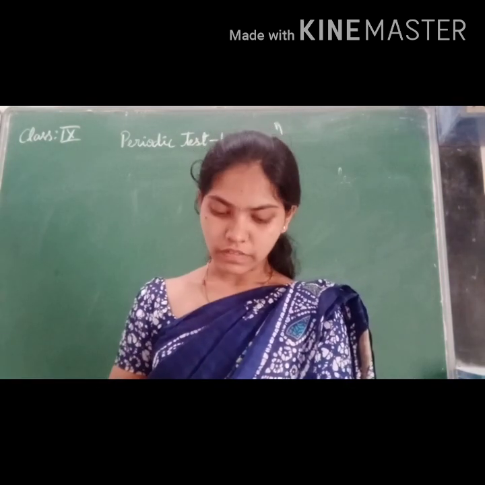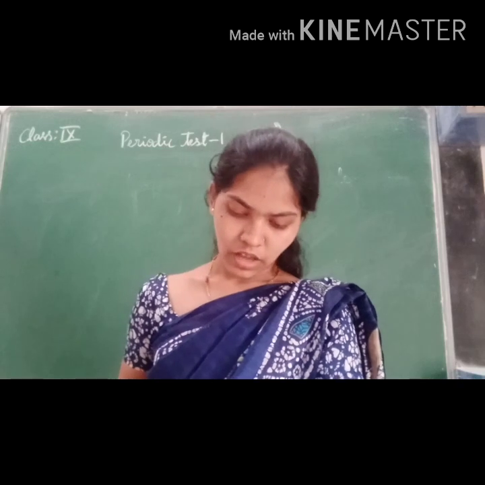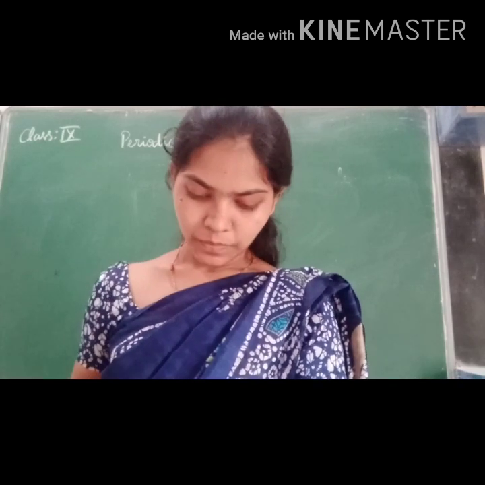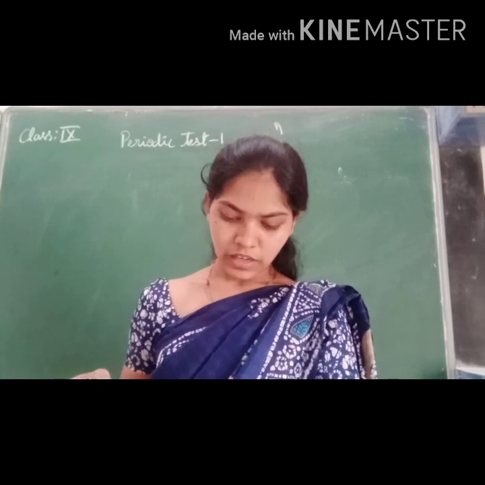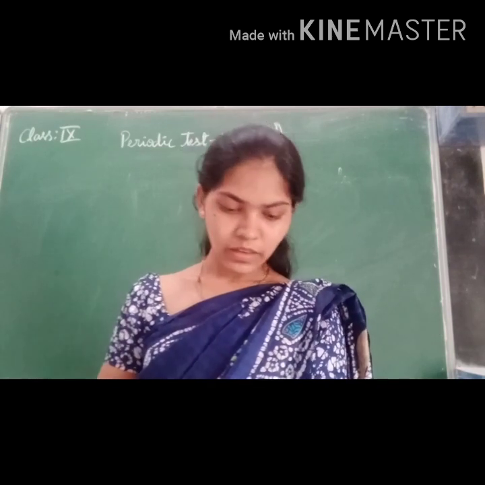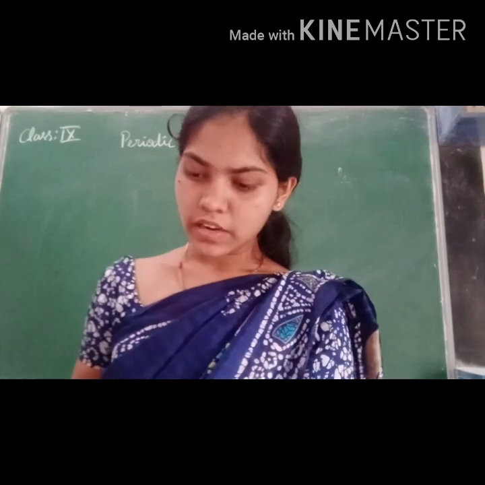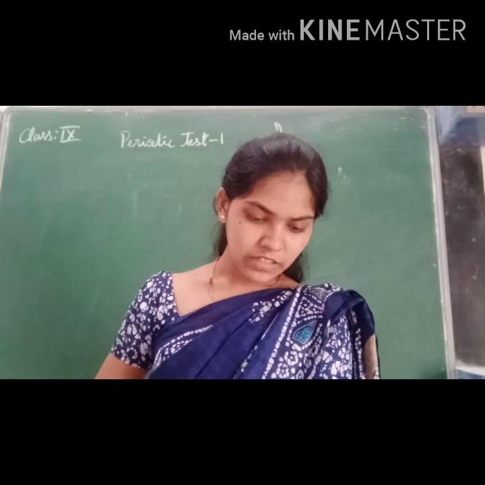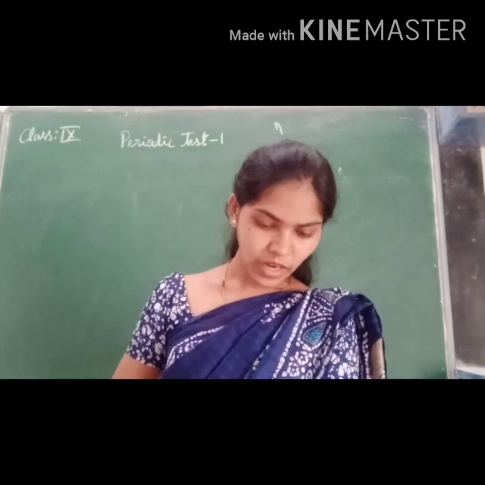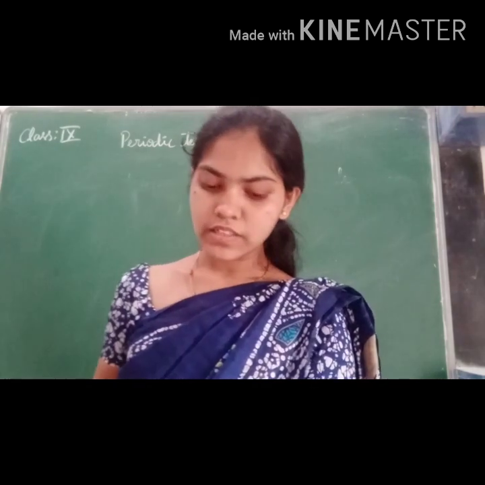Who discovered the cell and how he discovered it, then why the cell is called the structural and functional unit of life, then what is the plasma membrane or the cell membrane, and what is the difference between the plasma membrane and the nuclear membrane, then what is the cell wall.